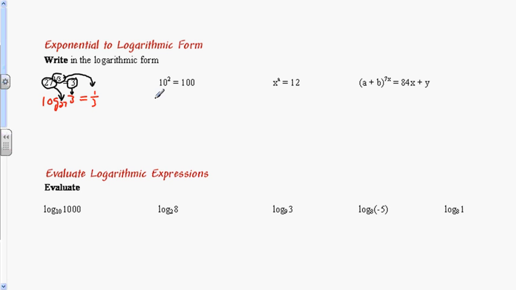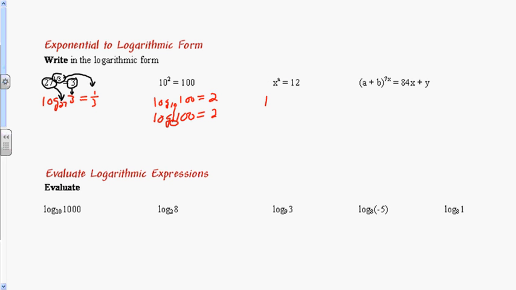So here we have log base 10 of 100 equals 2. Try that in your calculators, you will get that answer, because your calculators are automatically defaulted to base 10. Now we could write it this way, or you can actually write log 100 equals 2. Without a number here, it's assumed to be 10.